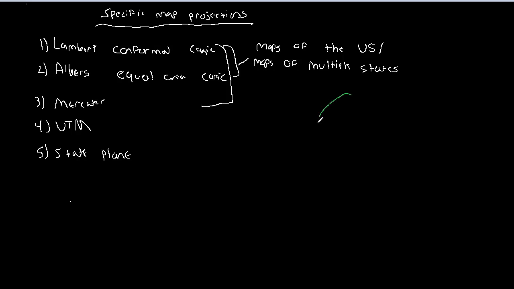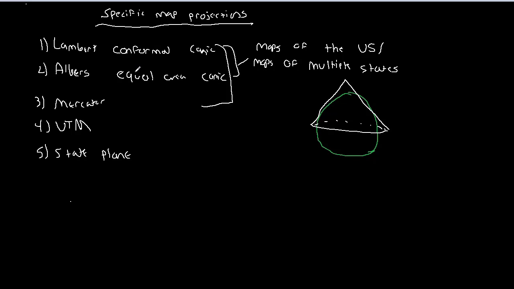Just to recap what we've got here: conic means that we're using a conic projection. Conformal and equal area basically have to do with the types of distortions.